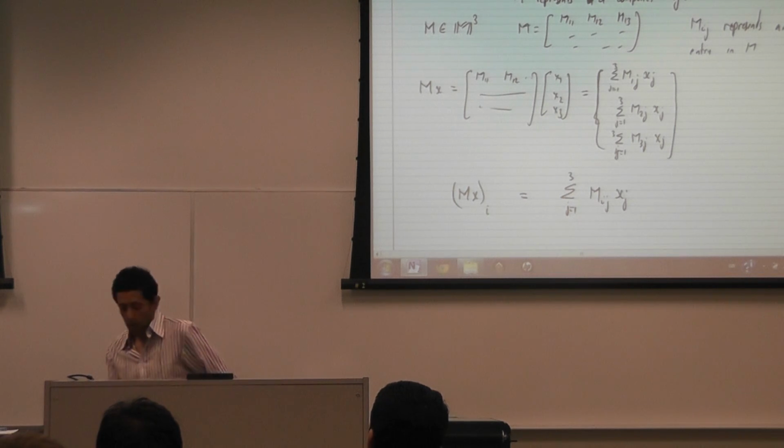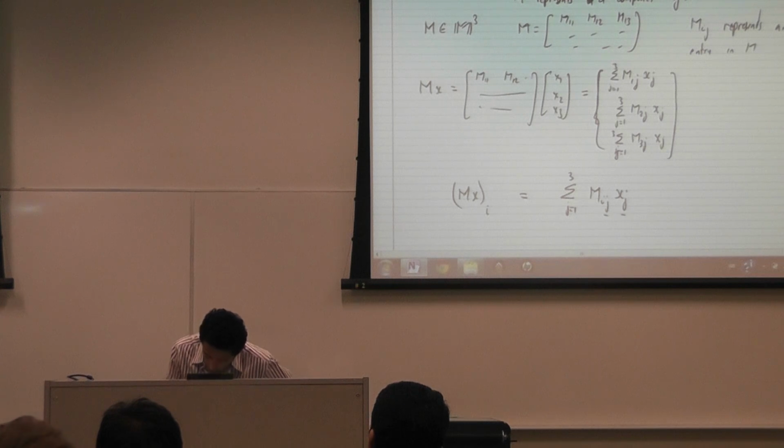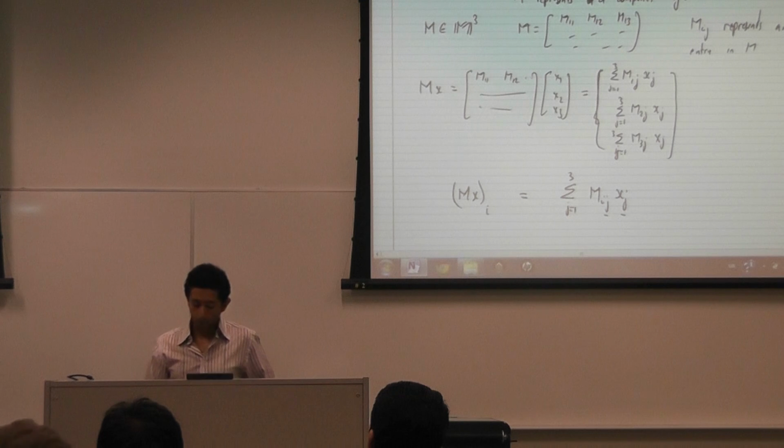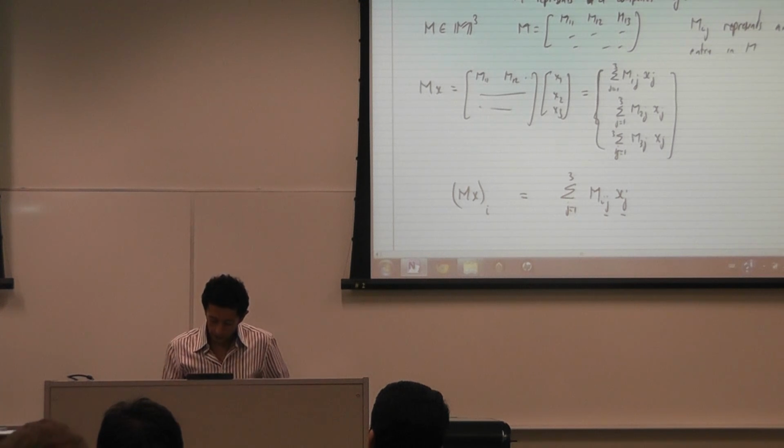And whenever I see two repeated indices, I know that there is a sum sign for j equal to 1 to 3, and I can remove this sign.